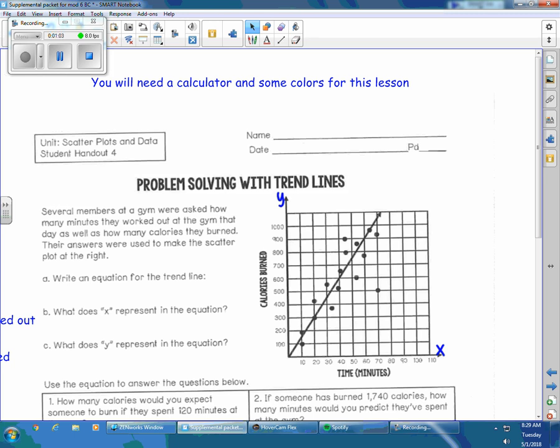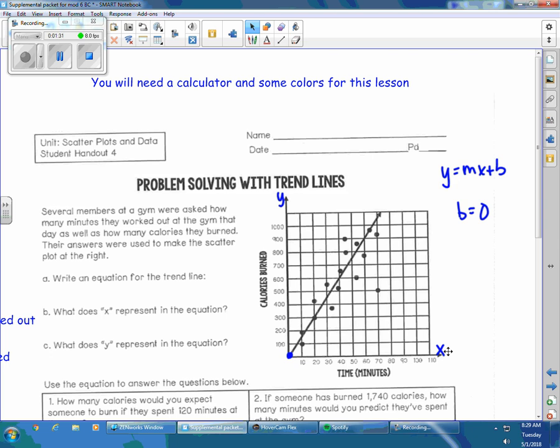Okay, part A says, write an equation for the trend line. So I need to figure out, first of all, it's going to be in slope-intercept form, y equals mx plus b. So I need to figure out my b. It's crossing the y-intercept at 0, because we're counting by hundredths, and it's hitting right below. So my b is going to be 0. And now I need to figure out my slope, my rise and my run.